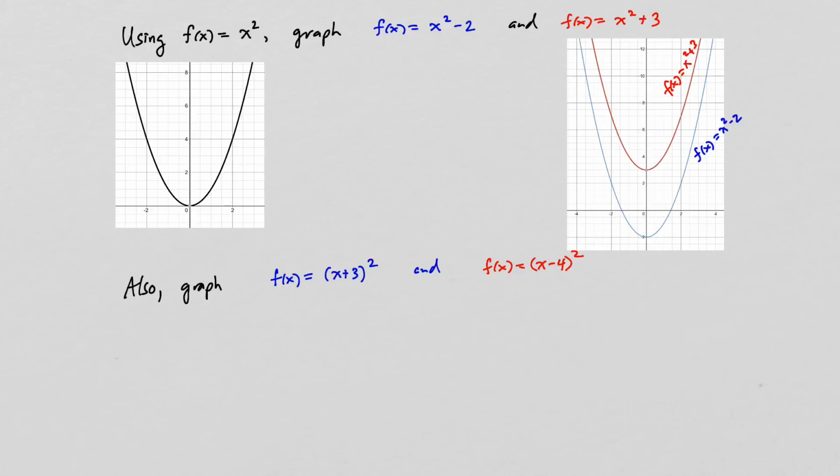So what do you think will happen if we take our function x² and we add or subtract something to x on the inside before we square it? What do you think will happen?